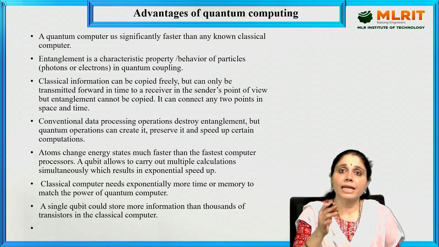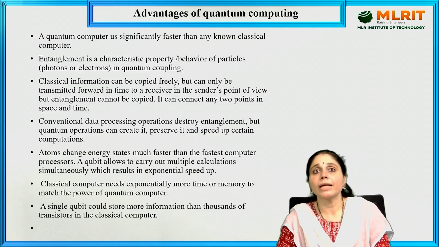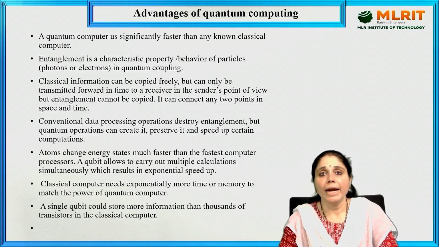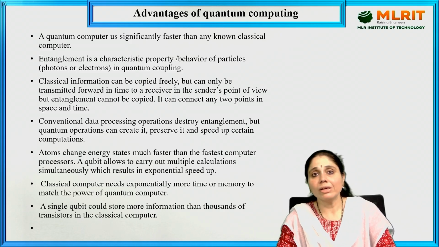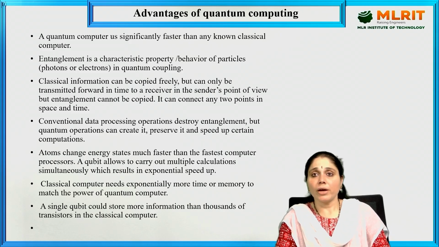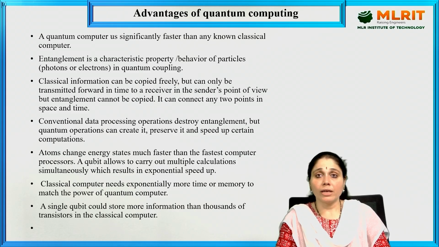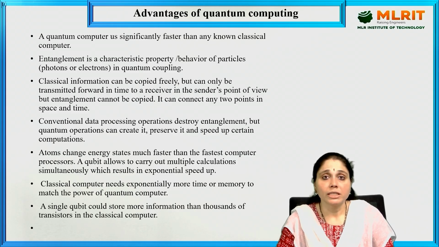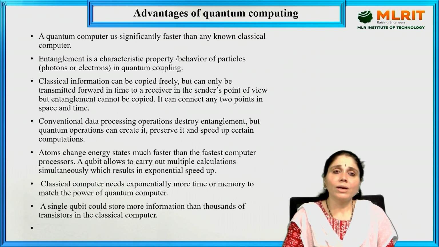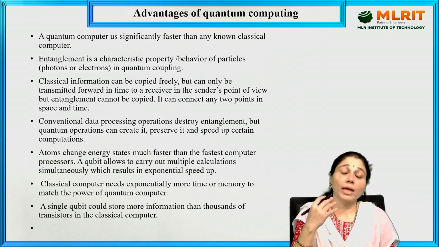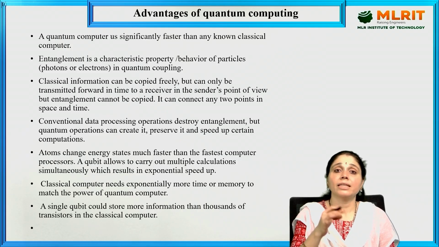Classical information can be copied freely but cannot be transmitted forward in time to the receiver from the sender's point of view. Conventional data processing operations destroy entanglement, but quantum operations can create it and preserve it, and speed up certain computations. What are the advantages? Atoms change energy states much faster than classical computers.